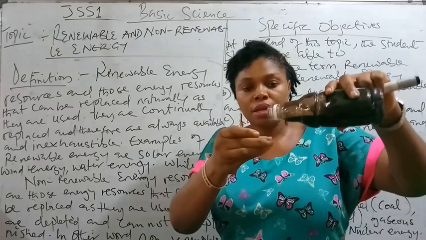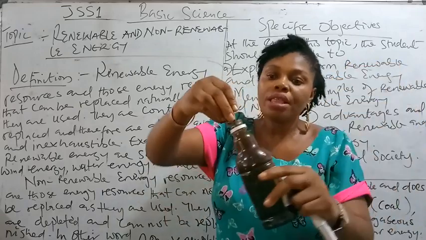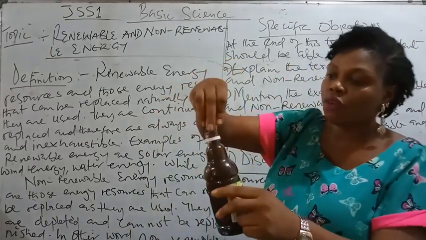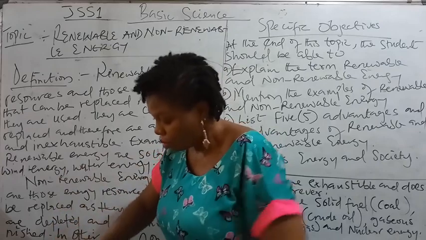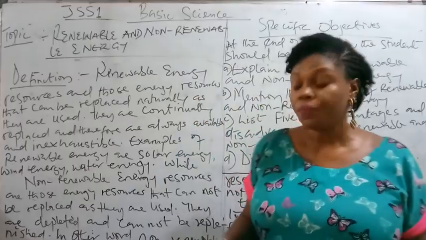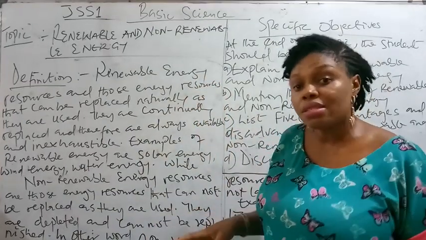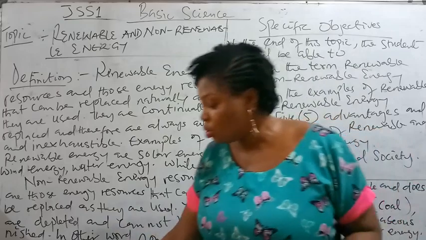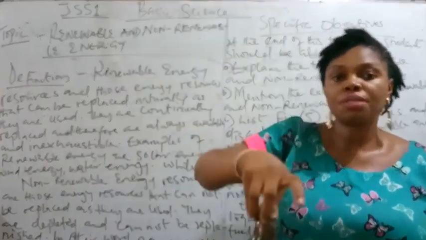You see it is very dark. When this is being refined, from here you get your petrol, your kerosene, your natural gas, your gasoline and your bitumen, from only this simple substance.